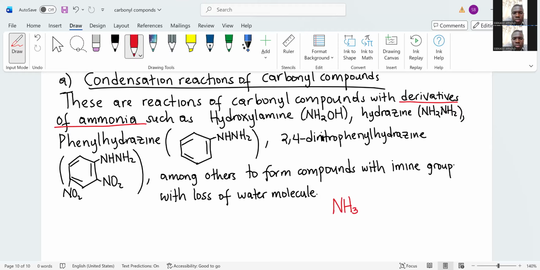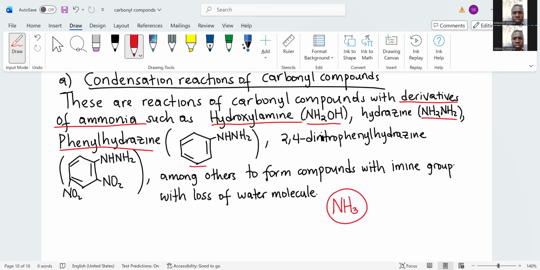So what are the derivatives of ammonia of exploration? We have hydroxylamine. Within ammonia, within NH3, remove 1 hydrogen and bring OH, and you form hydroxylamine, with that formula. Then also hydrazine with that formula. Then phenylhydrazine, with this formula.